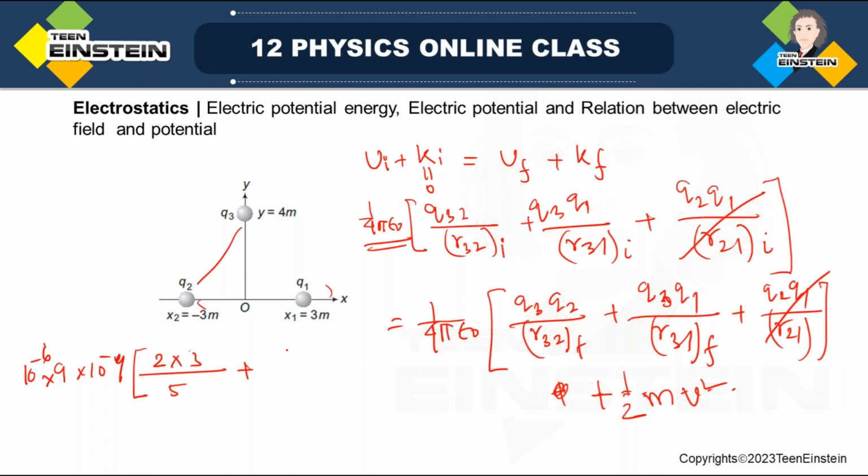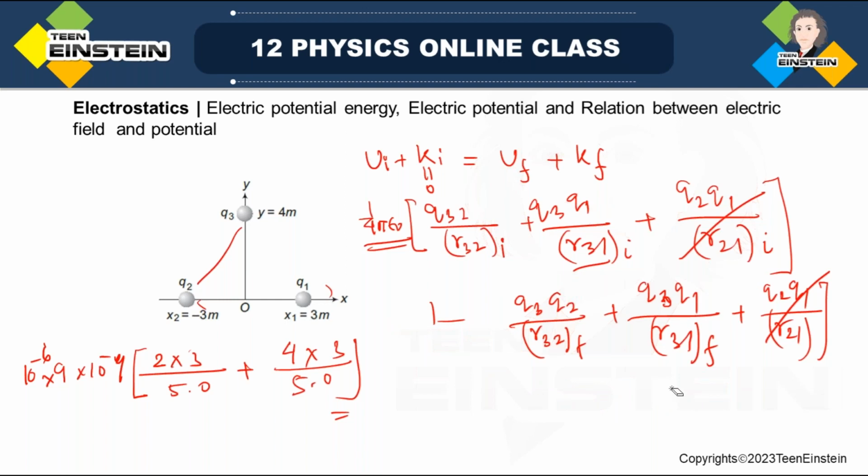So R31 also will give you 5, since 3 and 4. Similarly, on the other side, this term will be common from both sides.